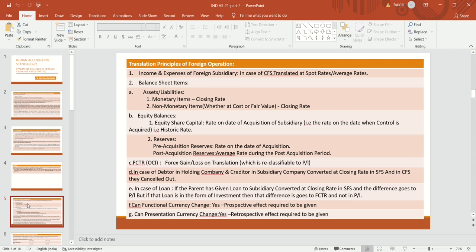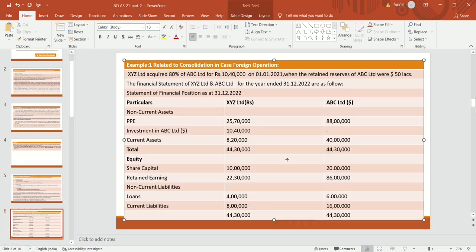Yes, presentation currency can change. The entity can prepare multiple balance sheets in multiple presentation currencies, as required by any company or by investors. Yes, it can be changed, but retrospective effect is required to be given, not prospective effect.